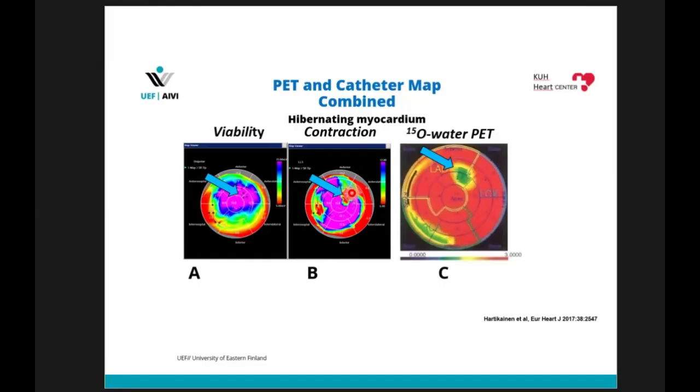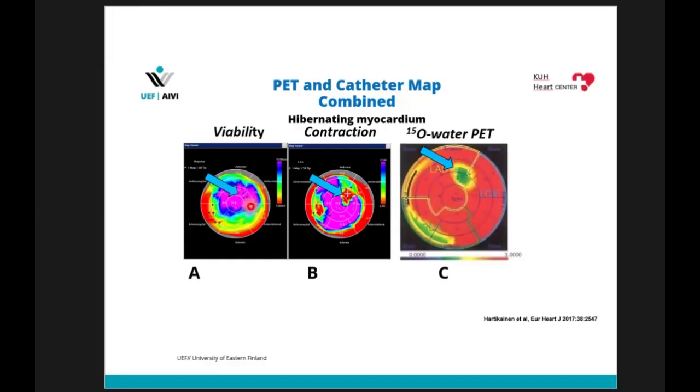So it's the hibernating myocardium. And on top of that, we put the perfusion map, and you can see that here red is good perfusion, yellow, green is bad perfusion. You have here an island of poor perfusion that doesn't contribute to the heart function, but it's alive. And here are the injection sites.